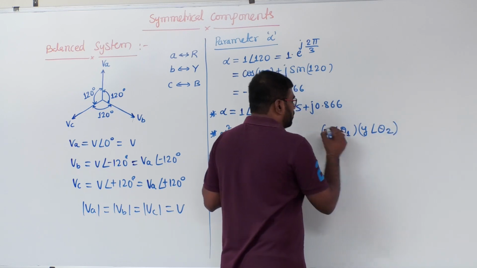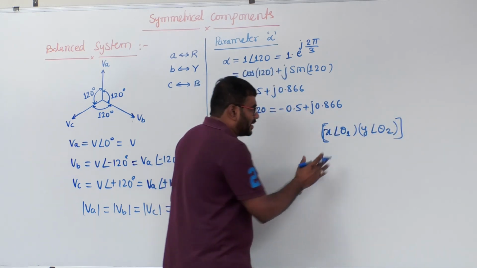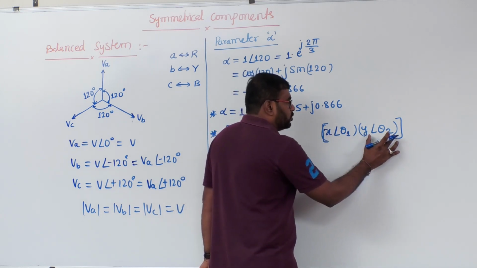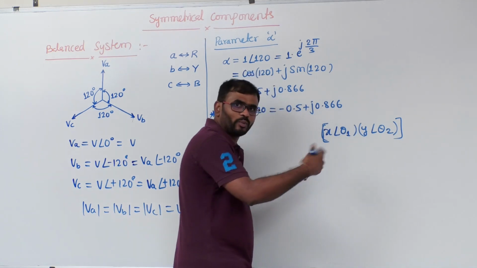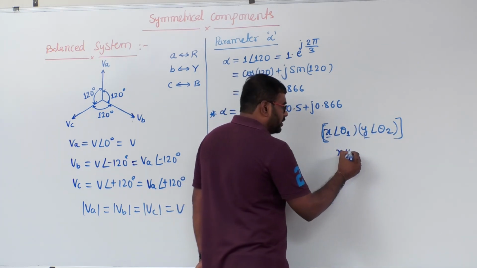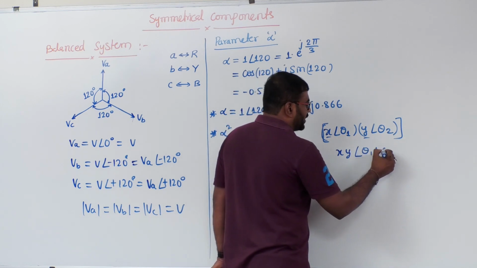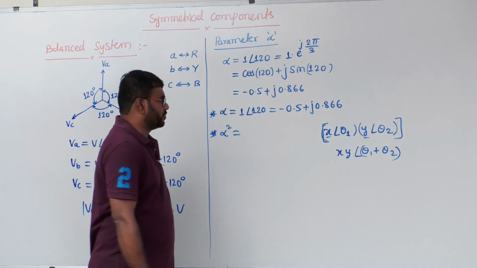These are the two polar numbers. I think you know this, but just for clarity I am explaining. If we multiply this, we get xy, magnitudes multiplied and phase angles simply added, theta 1 plus theta 2. Simple numerical relation. You know this already.